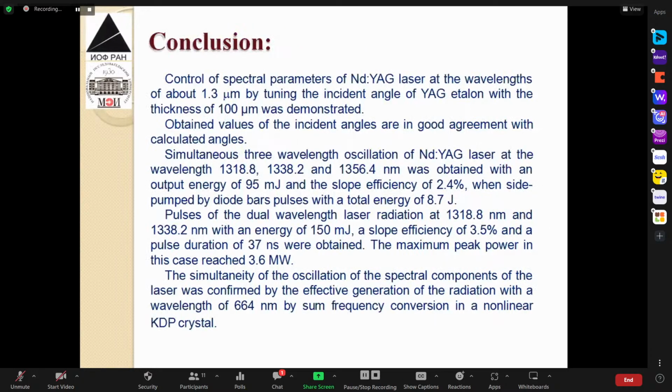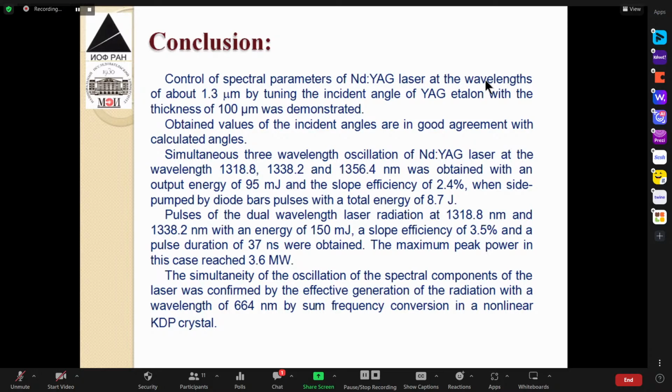So, and finally to the conclusion, we proposed and we showed that it is possible to control and to develop the multi-wavelength laser by using the intracavity etalon and by tuning the incident angle of the intracavity etalon.